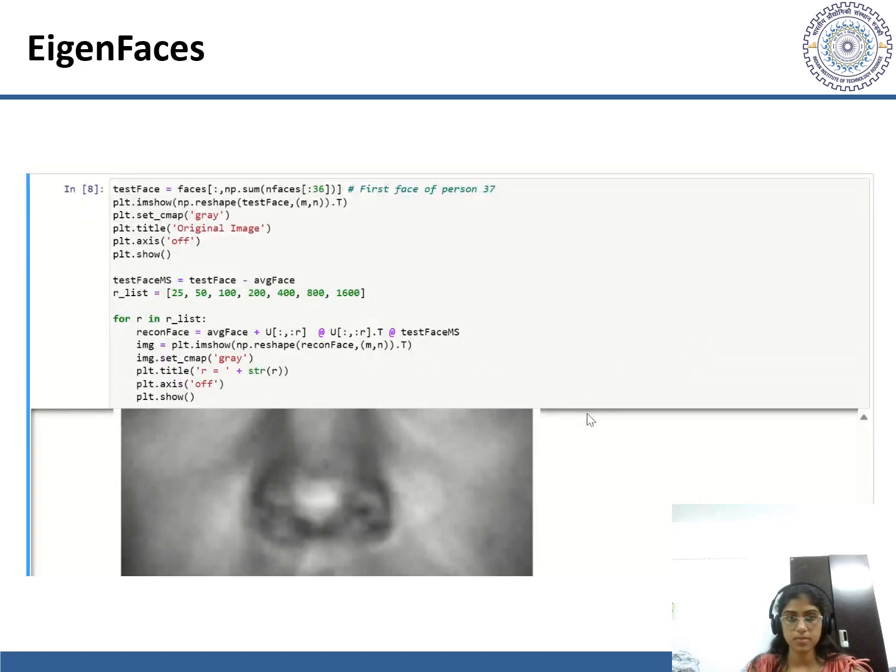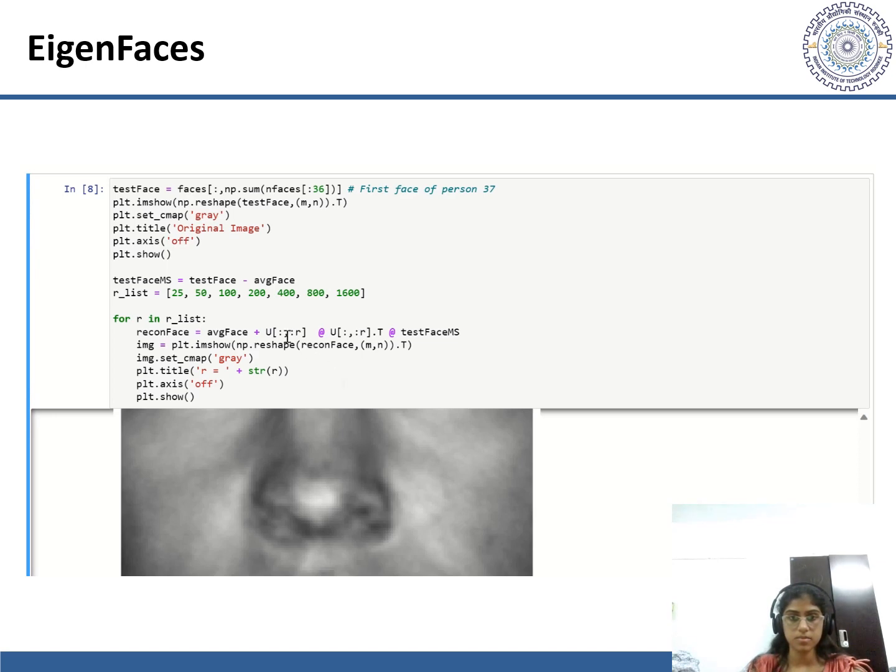Now here, for the prediction of the 37th face, I'll be taking into consideration the first 36 images. The 37th face would be formed by projecting those x vectors onto the U_r vectors, where r is the rank.